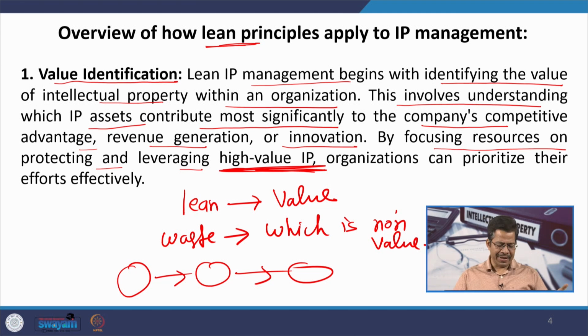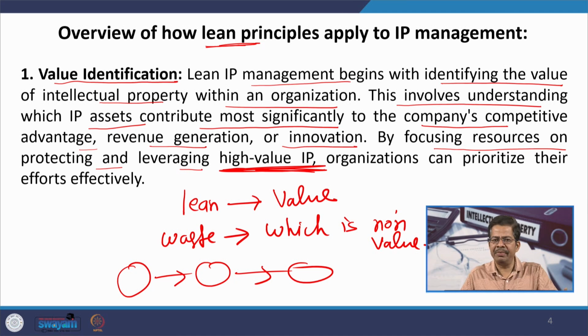Of all the IPs which McDonald's has, the trademark McDonald's is the most valued IP. For all these IITs, IIMs, the most valued IP is the copyrights which they create by way of research papers, books, etc. So, every organization has some very high value IP, low value IP, no value IP. You need to focus your resources on protecting and leveraging high value IP.